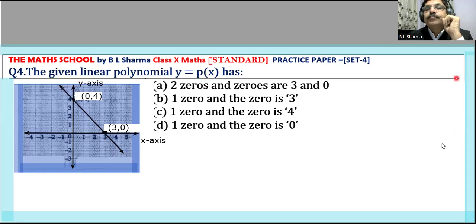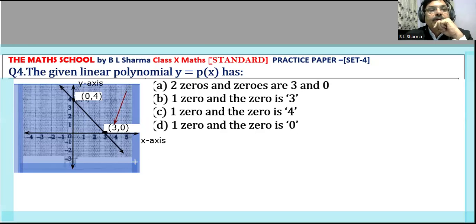Student, we know that where the graph intersects the x-axis, the y will be 0. The x coordinate is the zero of the given polynomial. Here you will see that the x coordinate is 3.